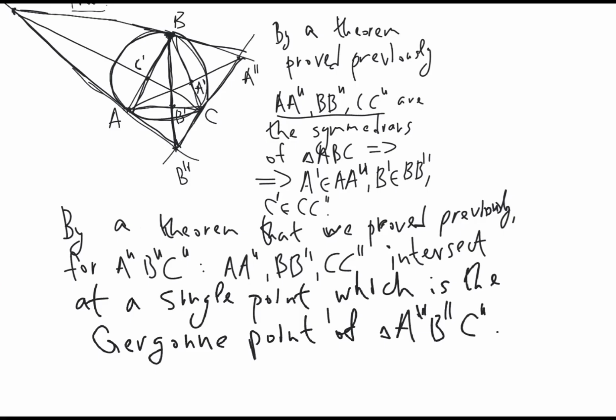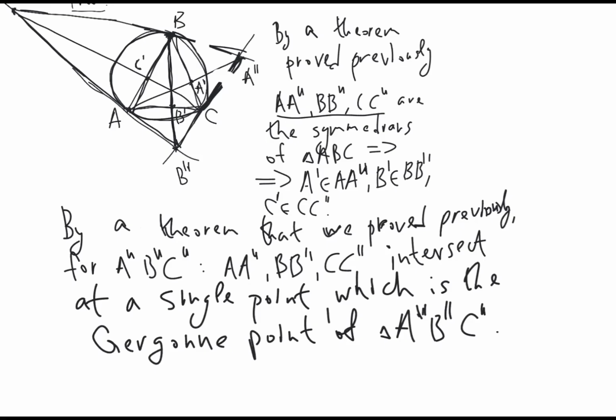This is, by the way, not difficult to prove. We simply apply Ceva's theorem and use the fact that the tangents are equal to each other. For example, from A2 prime, these two segments A2 prime B and A2 prime C are equal, and the other segments are equal as well. I'm just not going to repeat it, there is a separate video about this.